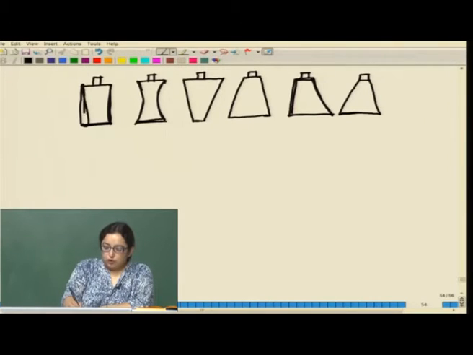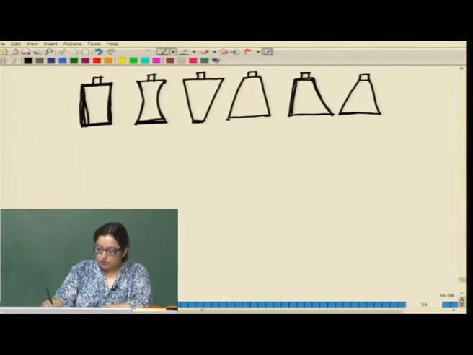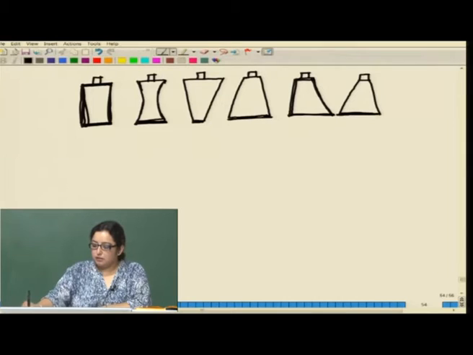So, all these forms belong to the same family because of their shapes, which are analogous, but they have different characteristics.